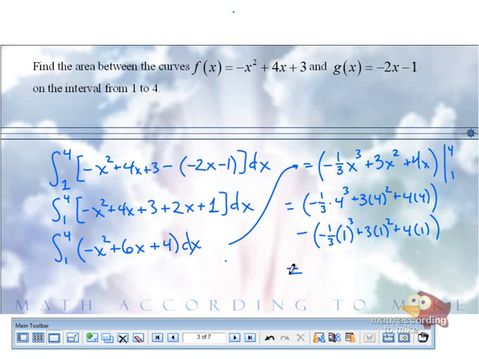I got 36. Did you get 36? That's nice. Alright, so that's basically it, honestly. They could get worse only if they cross, but it's just top minus bottom.